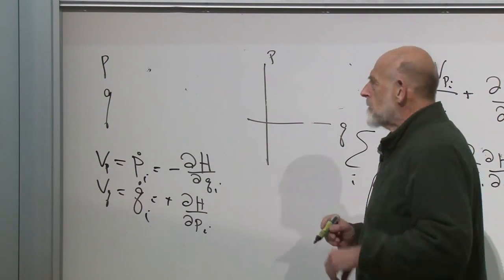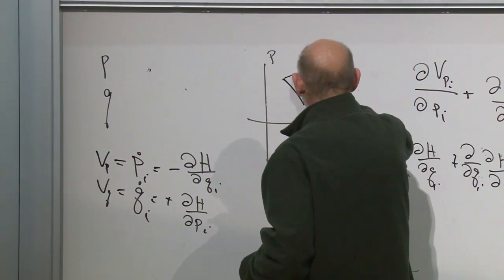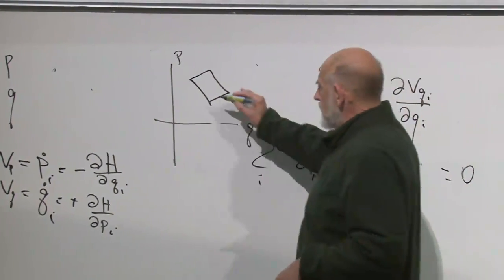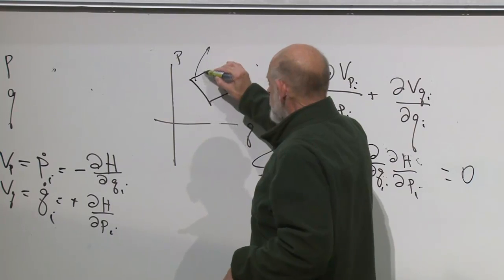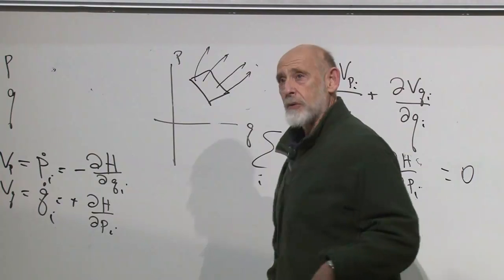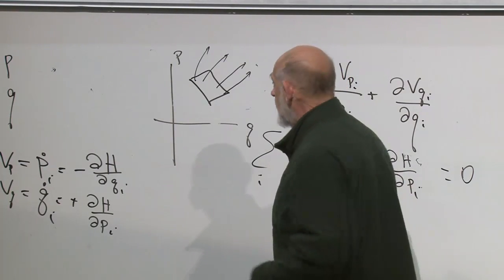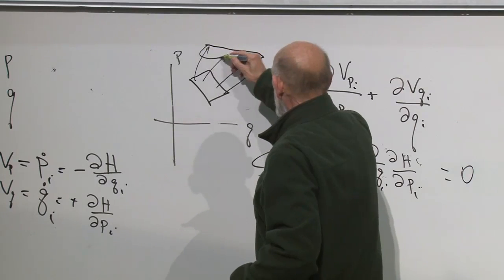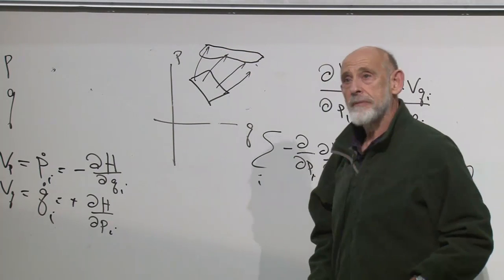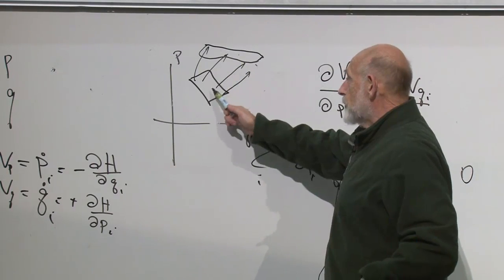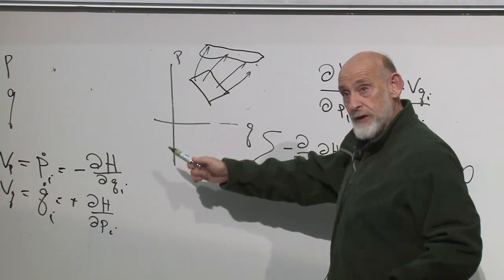But here's the statement. Take a patch, a region of the phase space. Every point in this phase space goes somewhere after a certain period of time. Are you with that? Yes. Okay. That means this patch will move. It moves in a way which preserves the volume in phase space.